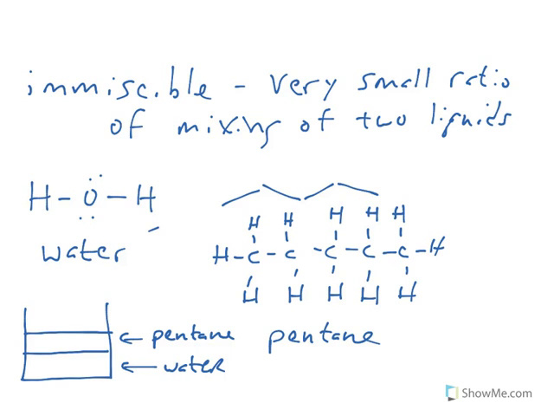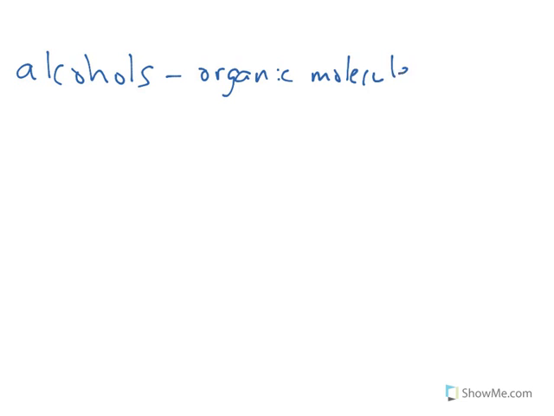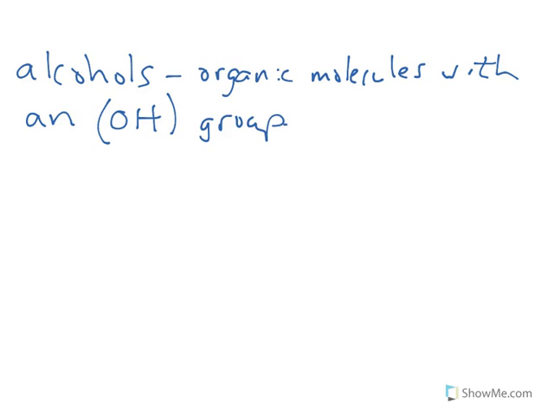All right, and you can often tell by just looking at their Lewis structures or molecular structures whether they're going to mix or not. All right, so turns out that alcohols, all right, these are organic compounds. Right, they're organic molecules with an OH group.